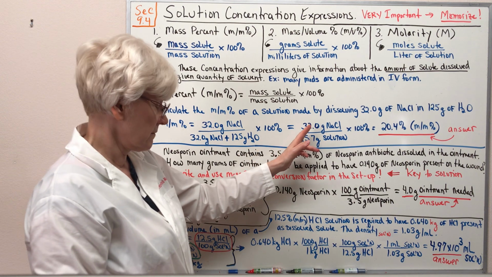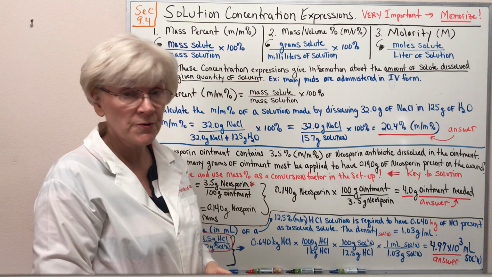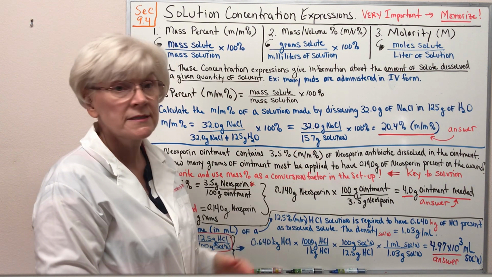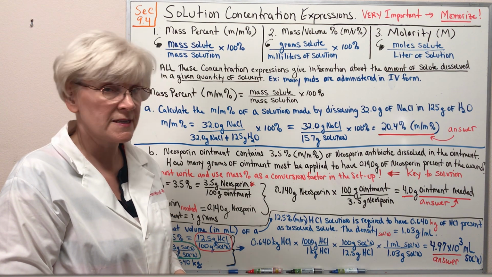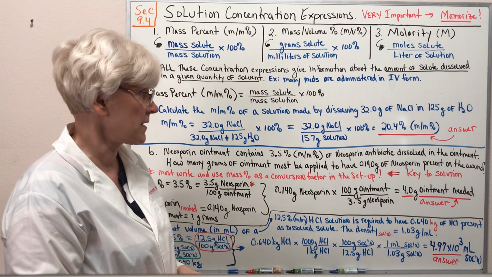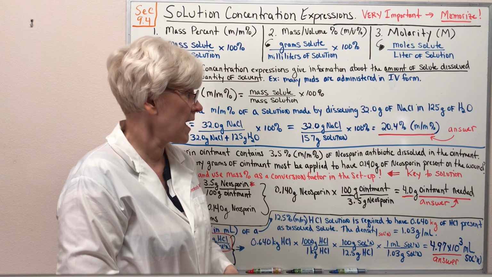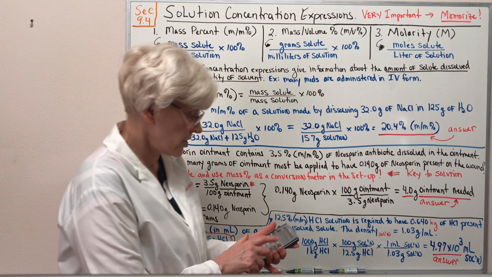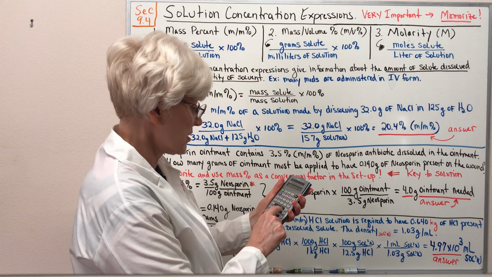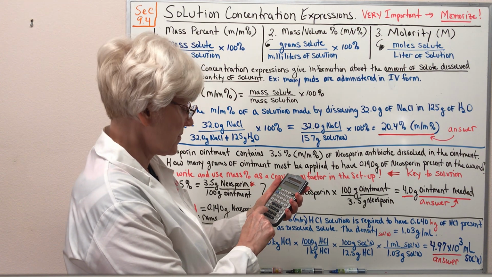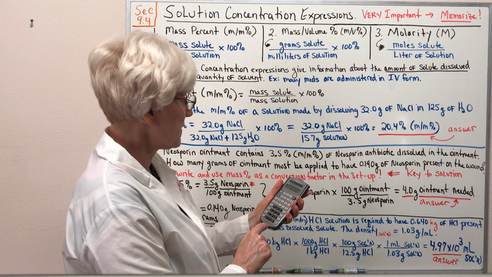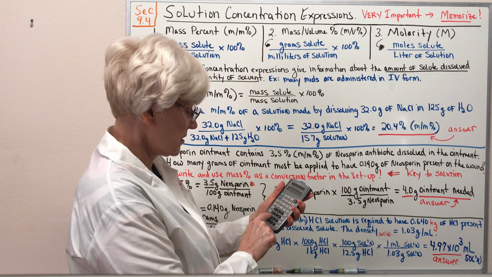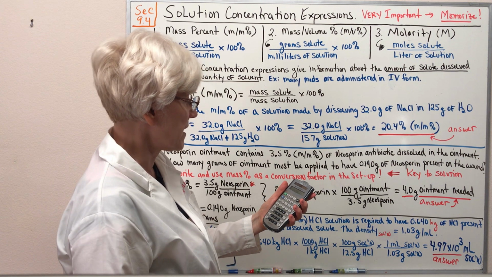So that will turn out to be 32 grams of sodium chloride divided by 157 grams of solution, and then multiply by 100 to convert to a percent. So double checking my calculation here, 32 divided by 157 multiplied by 100.